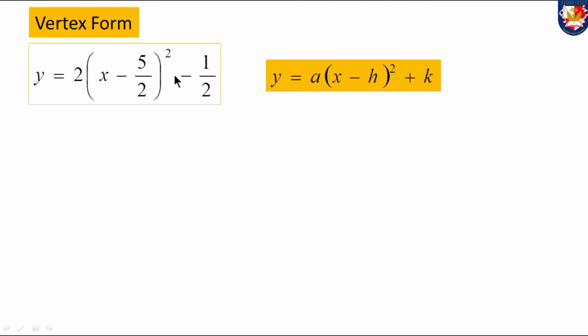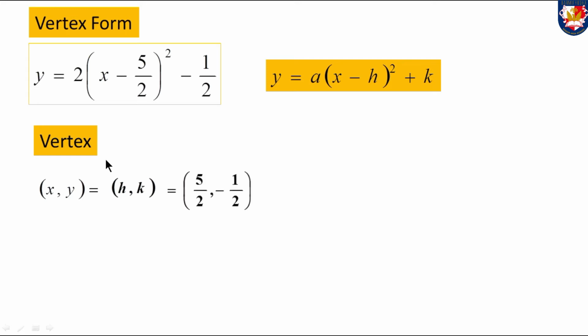So the value of h equals 5/2, and the value of k is negative 1/2. So the coordinate of the vertex is (x, y), where x is the value of h and y equals the value of k. So the coordinate of the vertex is (5/2, negative 1/2). From here, this is the value of h and this is the value of k.